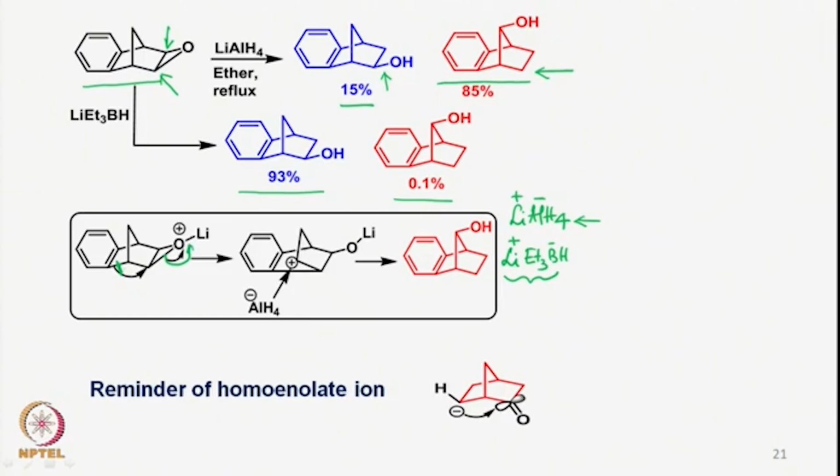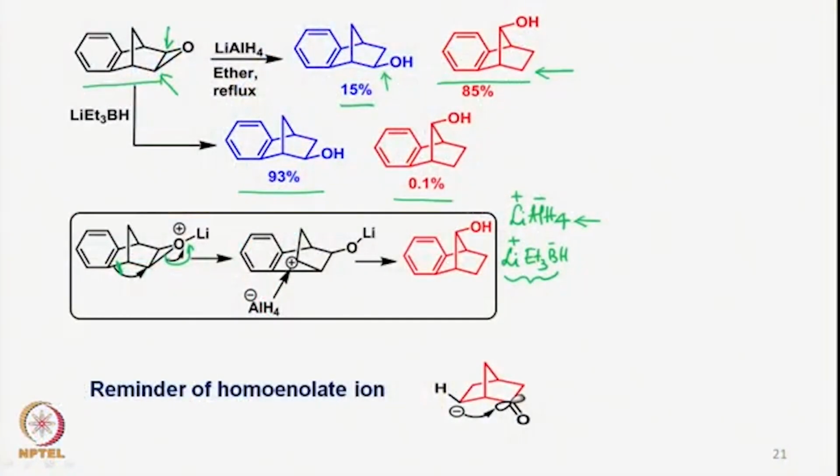Because this carbon carbon sigma bond and this carbon oxygen sigma bond are antiperiplanar to each other essentially, and it is very easy for this kind of overlap of the orbitals to take place when there is a developing positive charge here, which is possible because of the coordination or the chelation of the lithium plus to the oxygen. The moment there is a possibility of a delta plus here, this bond breaks and attaches to this and generates the positive charge at this center.